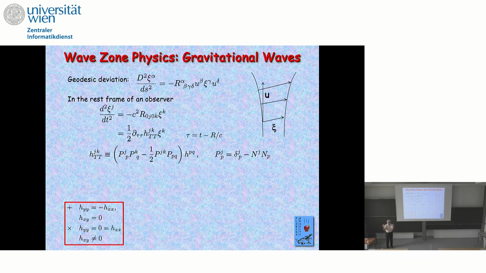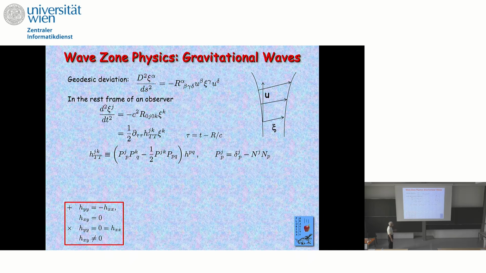Now, in this plane perpendicular to the direction of the source, it's a two-dimensional plane, so there's only, say, x and y components. So you have HXX, HYY, and HXY, and since H is symmetric, HYX is the same. So this leaves you with these three components. It turns out it leaves you with only two independent components.